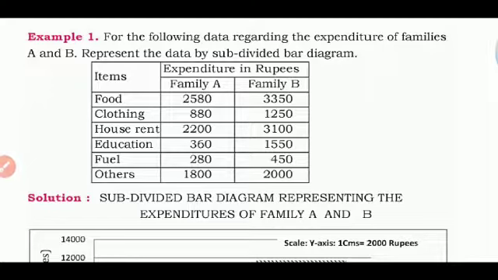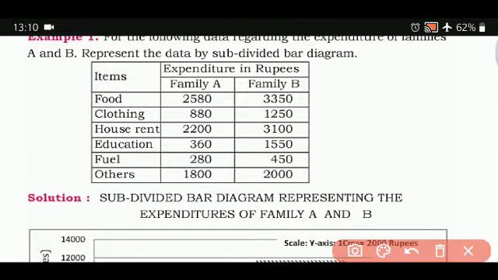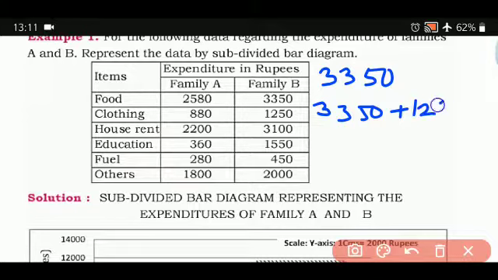The first value is going to be 3350, first one, then 3350 plus 1250.